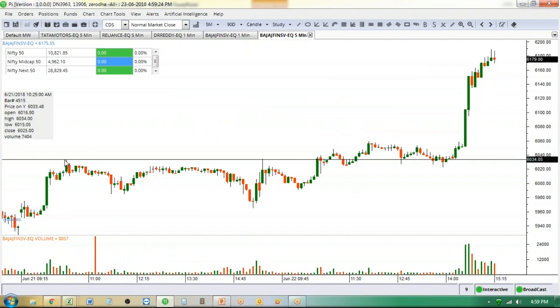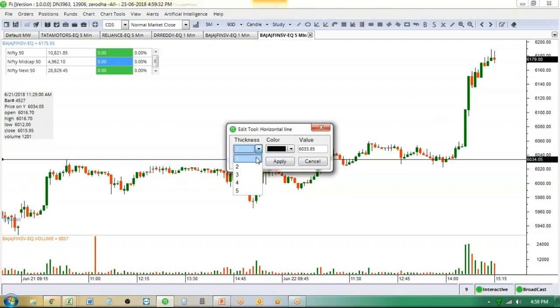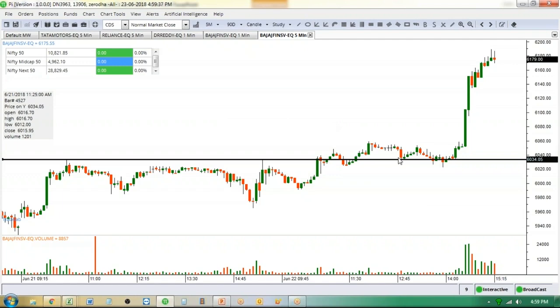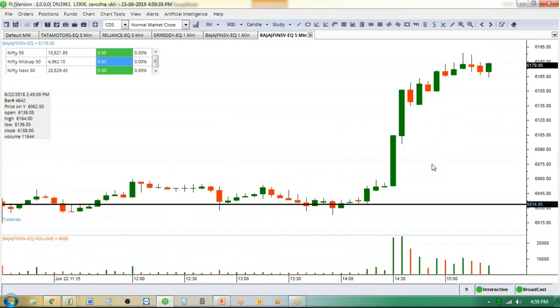This is the top of yesterday. I'm just assuming that we will take this top in order to show you whether it is forming support or is it forming resistance. Okay. So this is the black line. Okay. Now let's see.